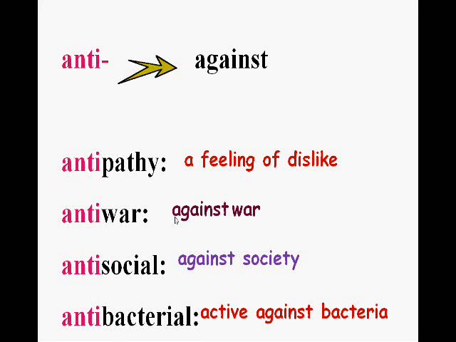So all these things mean that they are active against whatever they mention, okay? So antibacterial is against bacteria. Antibiotic is against the diseases which are caused by some microbes, and so on. So anti, as a prefix, means against.